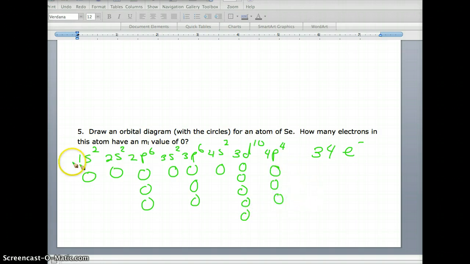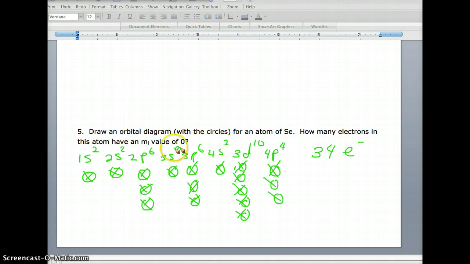Now we're going to put the electrons in. 1, 2, 3, up through 20, 21, 22, up through 33, remember Hund's rule, and 34. Okay, that's your orbital diagram with all the circles. The orbital diagram does not necessarily include the superscripts. You can put them on if you want.